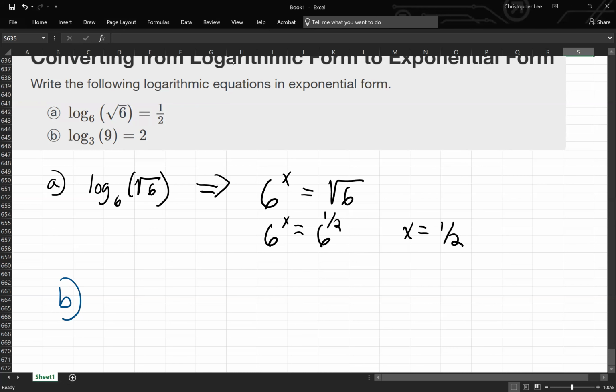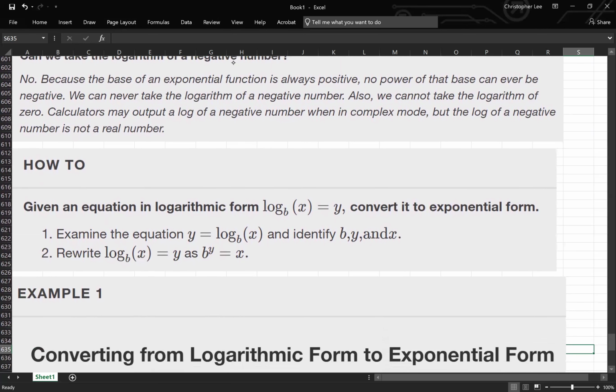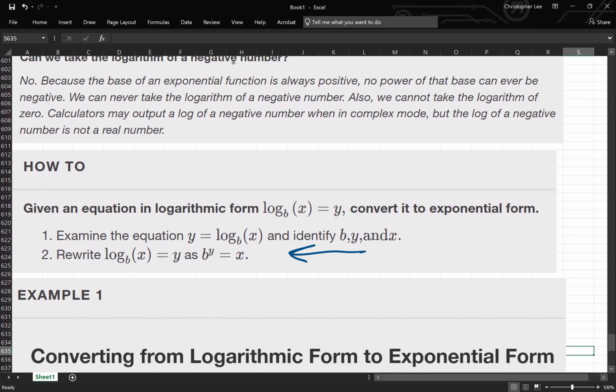That's why it looks like that. So it really is this part that I'm talking about.